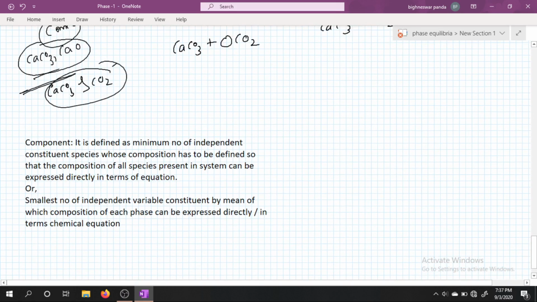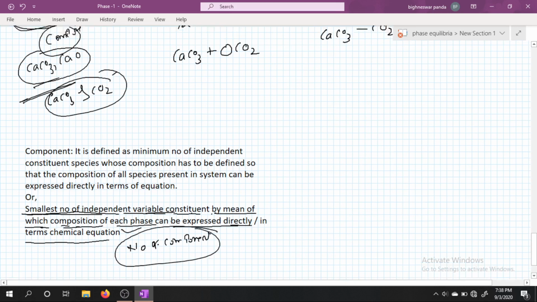So here, smallest number of independent variable constituent by means of which composition of each phase can be expressed directly or in terms of chemical equation, that is called number of component.